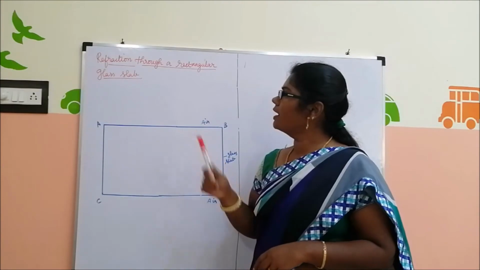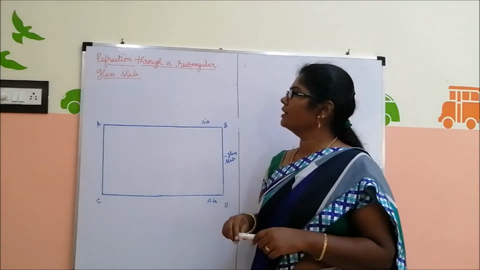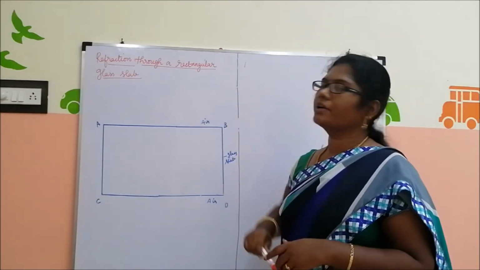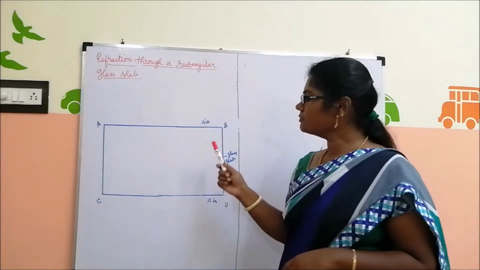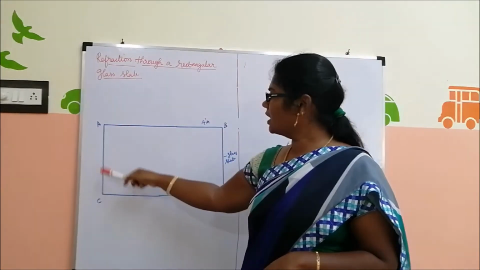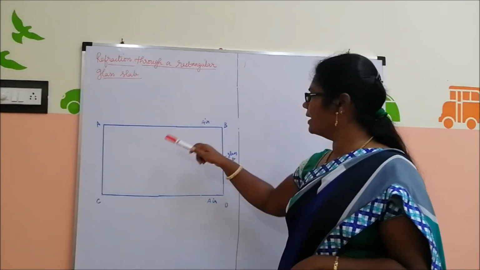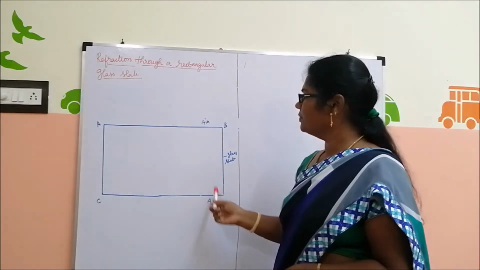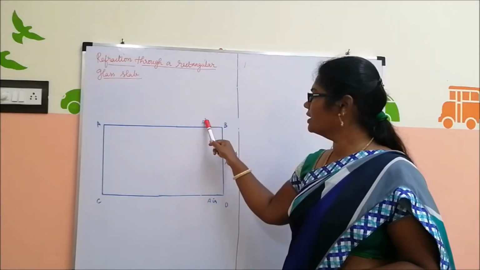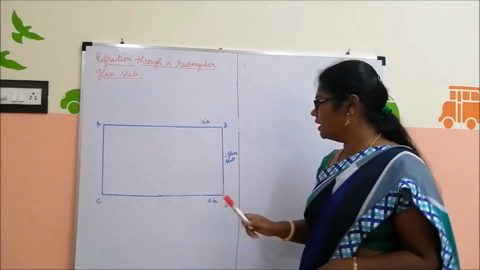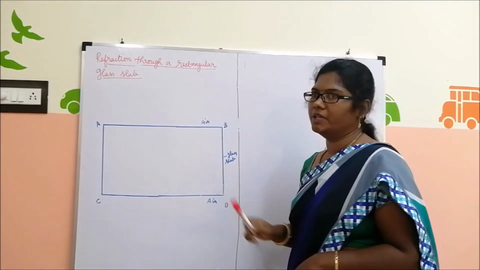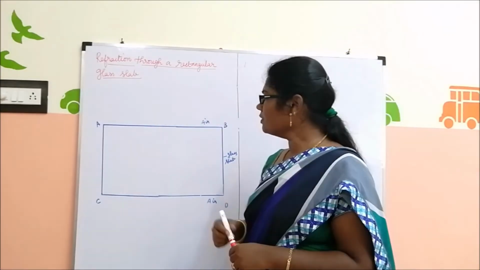Now we are going to analyze the refraction of light through a rectangular glass slab. So this is a rectangular glass slab A, B, C, D. There are two media. One is the air medium and another one is the glass slab, that is solid.